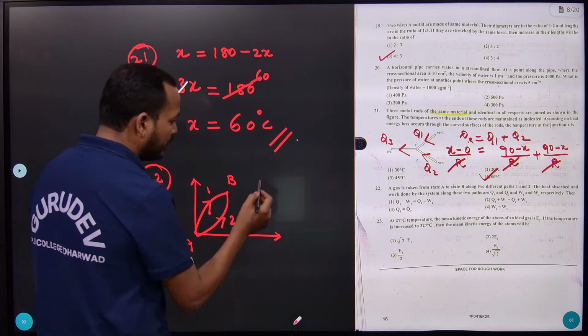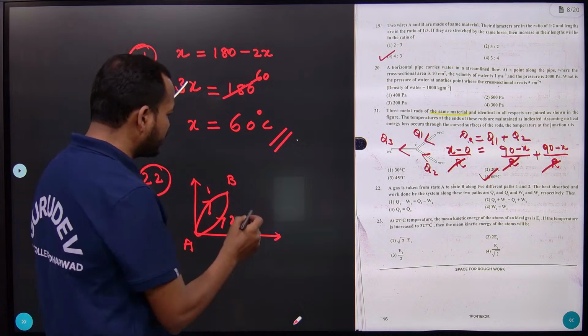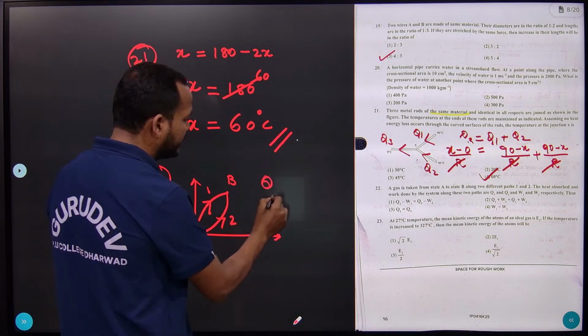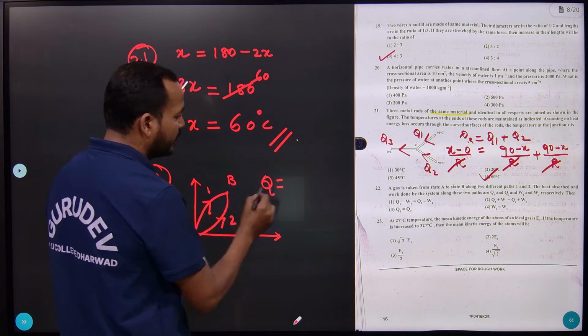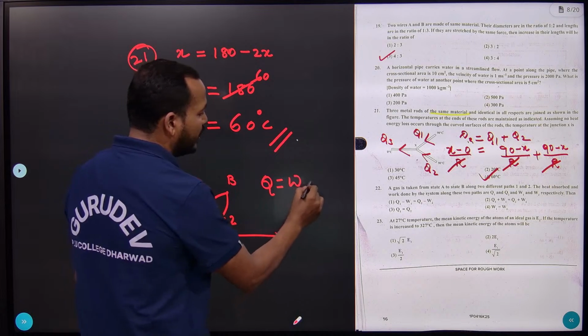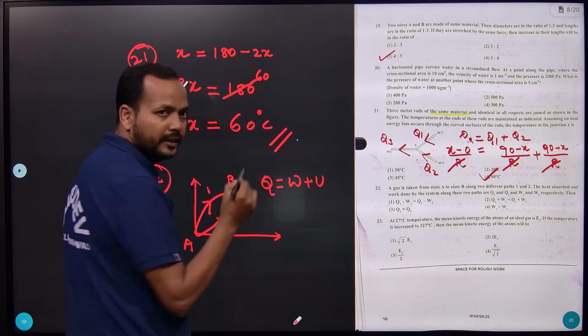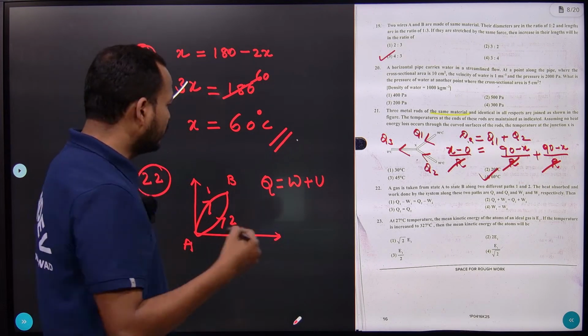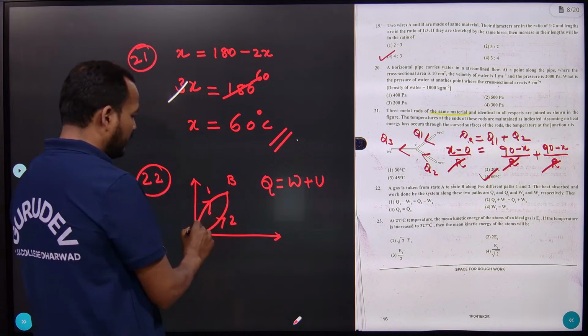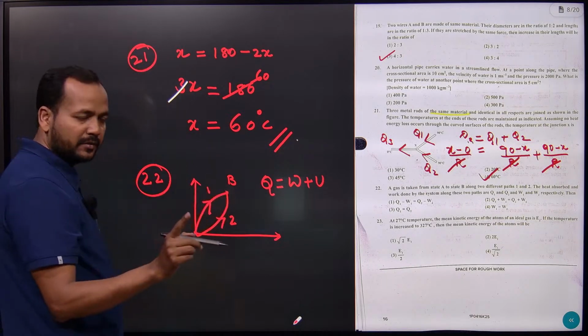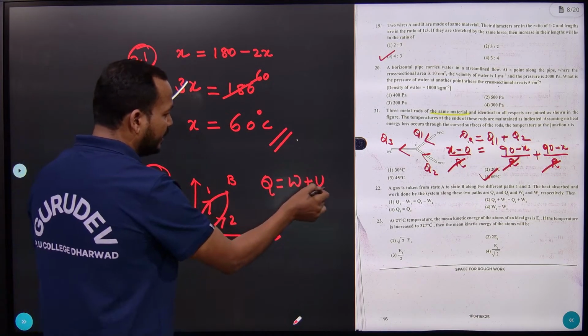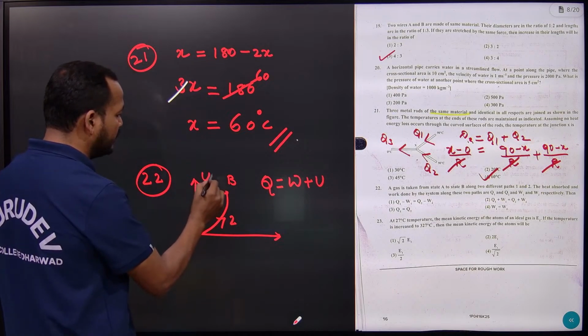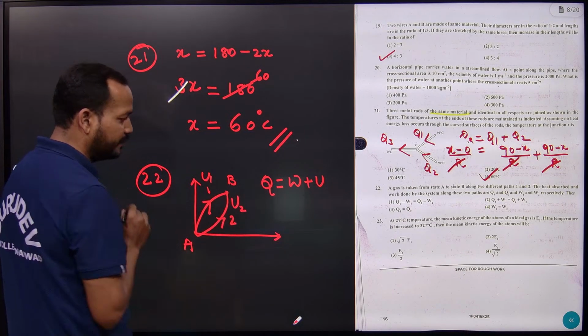Here we know the first law of thermodynamics, that is total heat supplied to the system is equal to work done plus change in internal energy. Correct? So here initial point and final point are same, therefore the internal energy for first one is equal to internal energy for second one.